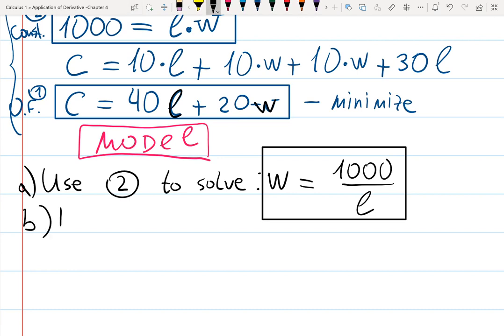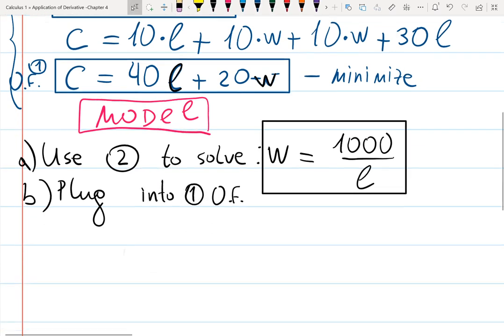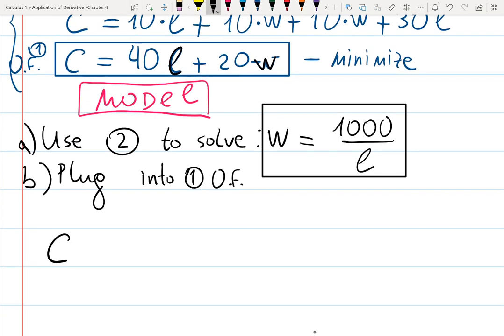B, plug or substitute W into 1, or even not even put W, whatever you chose. So you can choose a different one if you want. Plug into 1. What is my 1? That's objective function. Then cost function, which is objective function, becomes 40L stays the same plus 20W.